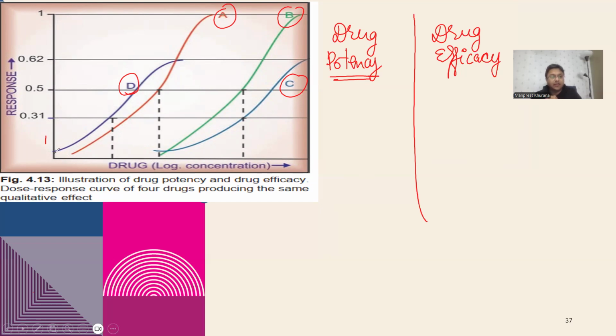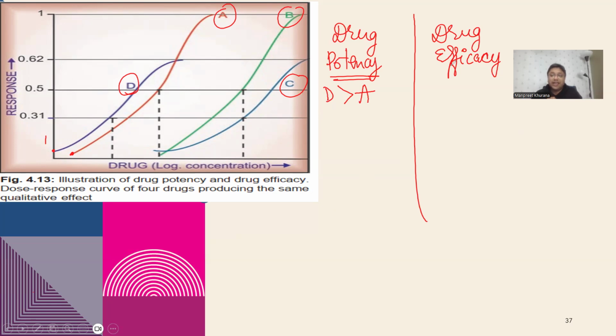Why? Because at a very small concentration, almost 0, there is an effect shown. Whereas in drug A, the effect starts here. So a higher concentration is required to see the initial effect of the drug, and the maximal effect is although more, but the potency of drug D is more. Why? Because at a very small concentration, we can achieve the effect, right?